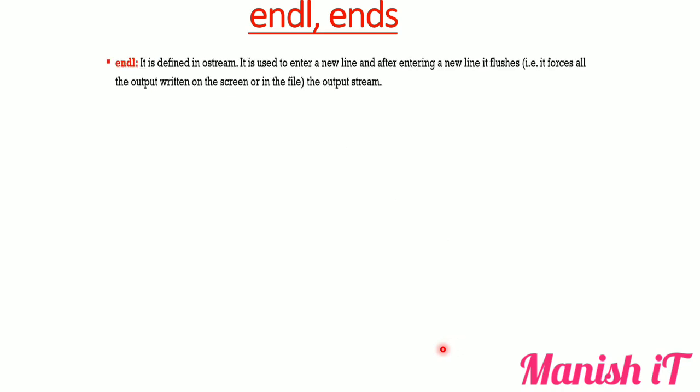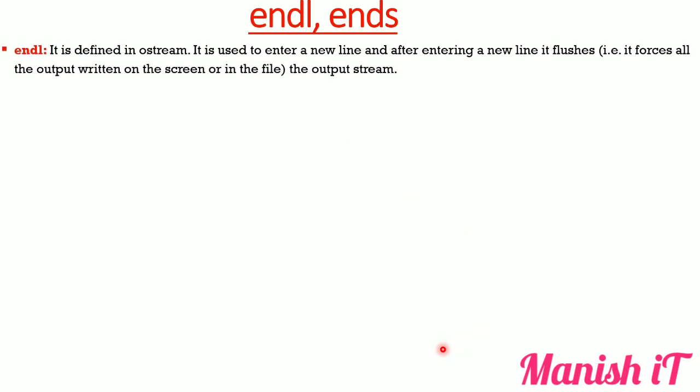So the question is, what is the difference between backslash n and endl? Before the differences, we have to know some of their details. First, endl is defined in ostream. It is used to enter a new line, as I already told, and after entering a new line it flushes, that means it forces all the output to be written to the screen or to the file, the output stream.